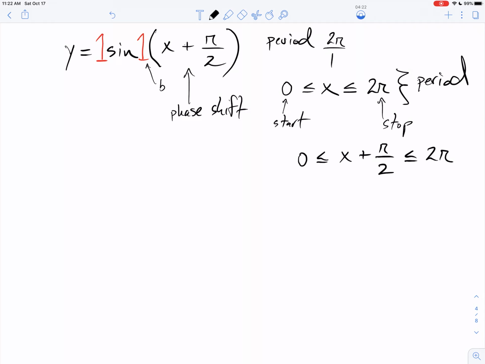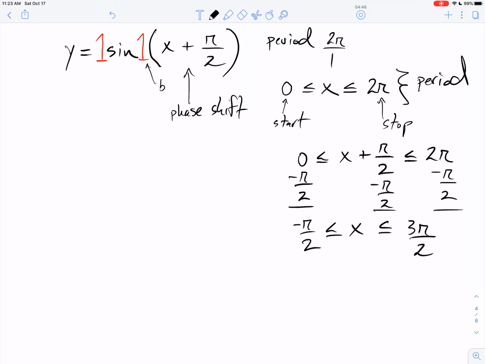And now I'm going to solve by doing this. I'm going to take away pi over 2 here, pi over 2 here, and take it away from that. What that does is, 0 take away negative pi halves is negative pi halves. And then 2 pi take away pi halves is 3 pi halves.